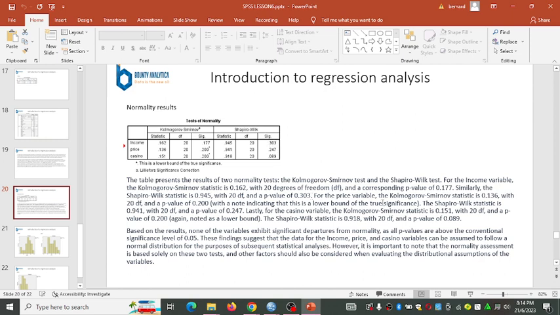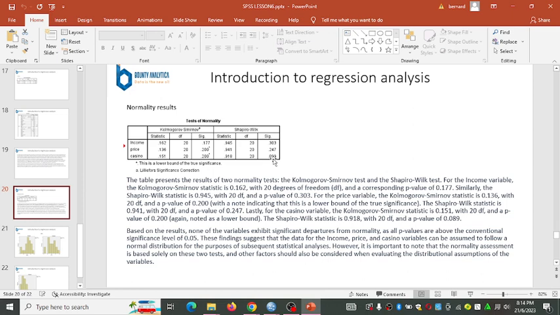Based on these results, none of the variables exhibit significant departure from normality, as all p-values are above the conventional significance level of 0.05. So this is a direct interpretation. If these significant values are not greater than 0.05, then the data are not normally distributed. That's how we check for normality in statistics.